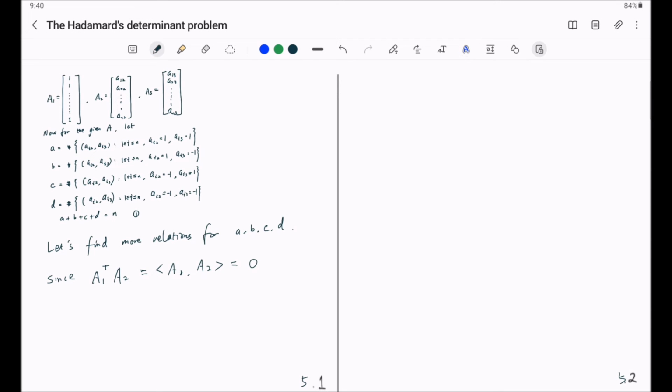Because this is 0, now you compare it with our construction, you will see that A plus B and C plus D are both equal to half of n.